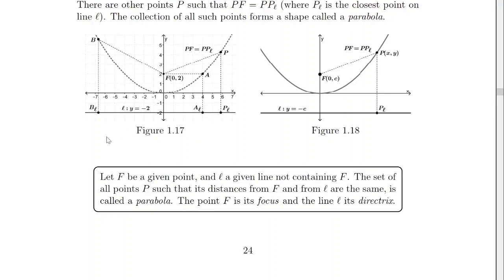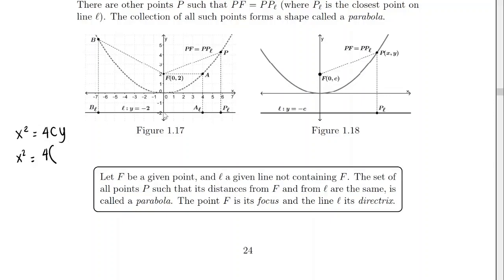So using the idea that the parabola opens upward, it has the equation of the form x squared equal to 4cy. So we have the constant 4 times the distance c. What is the distance from the vertex to the focus?